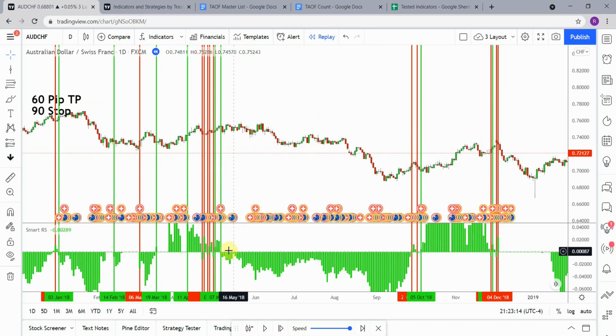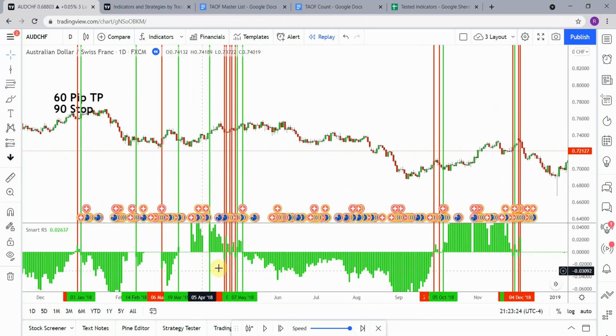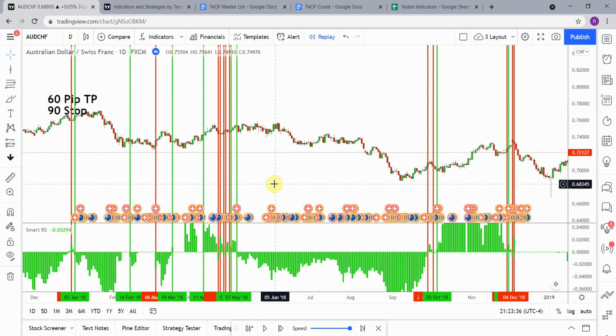There's just no room for these small little glitches, especially when you hit areas of consolidation where the indicator will bounce back and forth across that line, almost bar after bar after bar, consecutively in a row. And that eats up a lot of the winning trades.